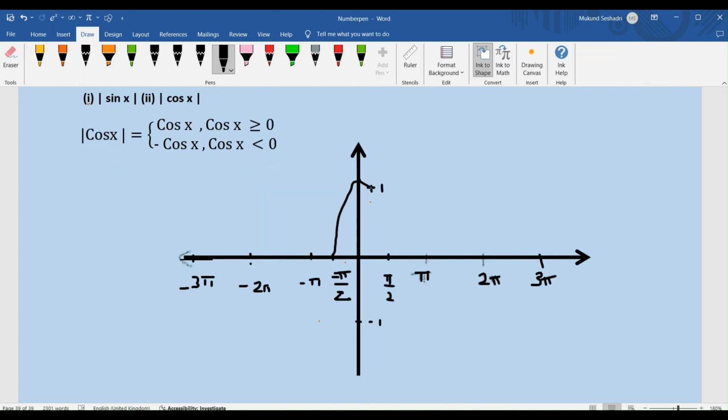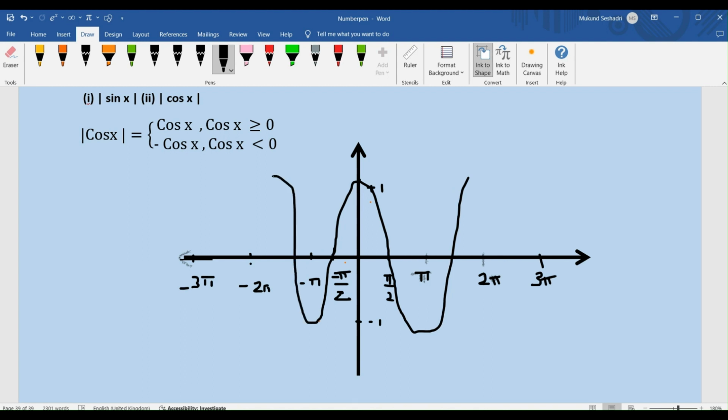And so my cos function looks like this, right? My cos of 0 is 1, my cos of pi by 2 is 0, my cos of minus pi by 2 is also 0, right? And then the function takes minus 1 at pi, and then it goes like this, right? And similarly on the negative direction it takes a minus 1 at minus pi, and then it goes like this, right?